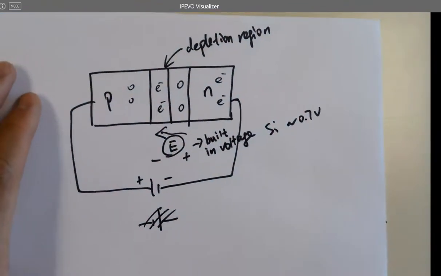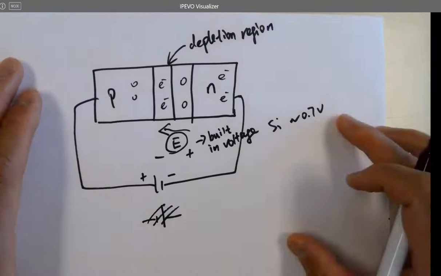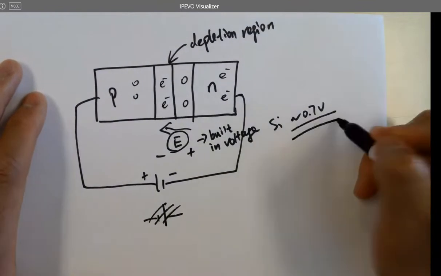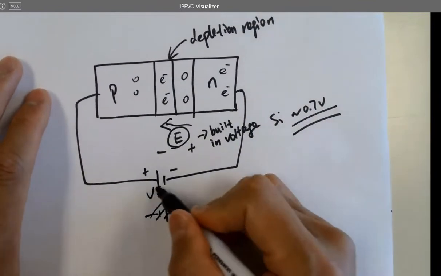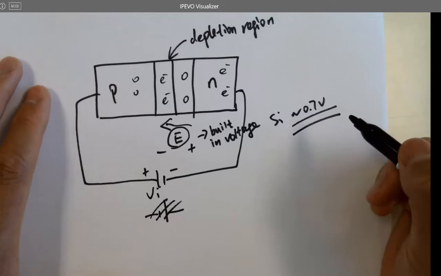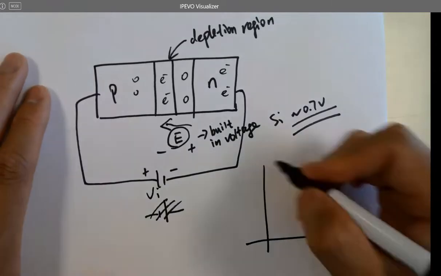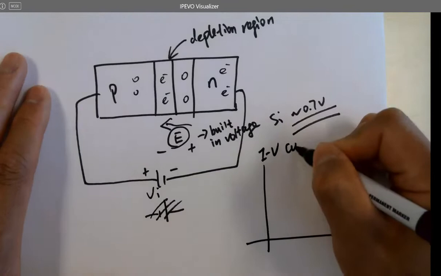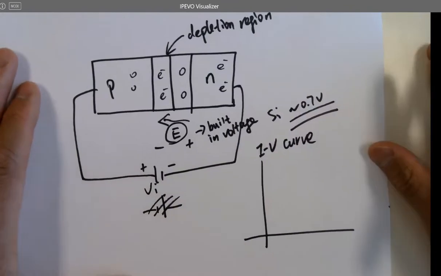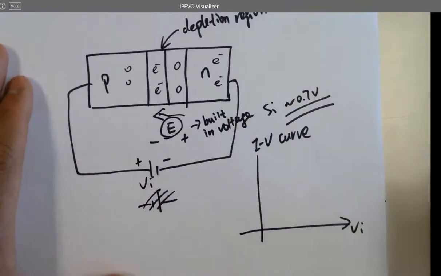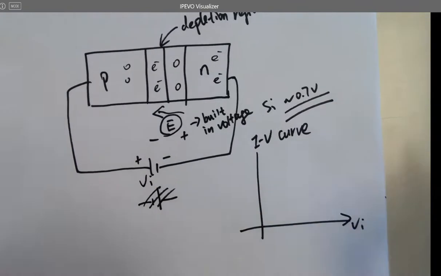Okay. And again, this forms the foundation of semiconductors because this is like a threshold voltage. If you increase V in here, you can form an IV curve for the diode. Here's V in, that's the forward biased voltage.